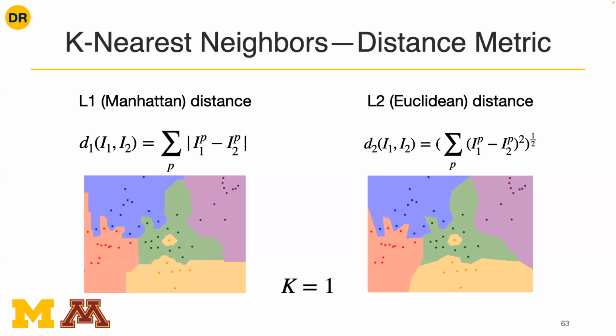So if you're using Manhattan distance, you could expect the decision boundaries to always fall along essentially axis-aligned, so either 90-degree or 45-degree angles, whereas in Euclidean distance, it's still piecewise linear, but not necessarily following those same properties. So understanding how your distance metric will affect performance along the decision boundaries is another way that we can try to understand how the algorithm performs and maybe tune the algorithm using different distance metrics.